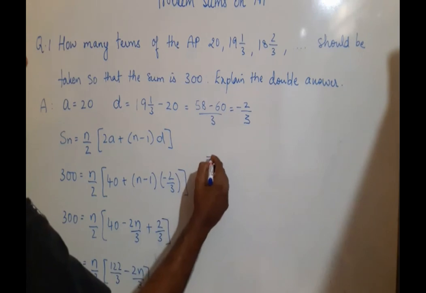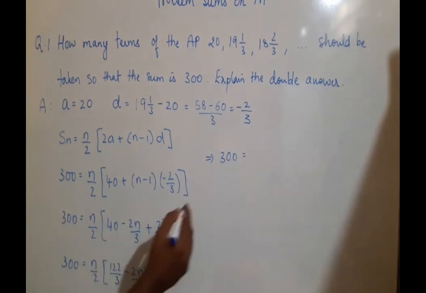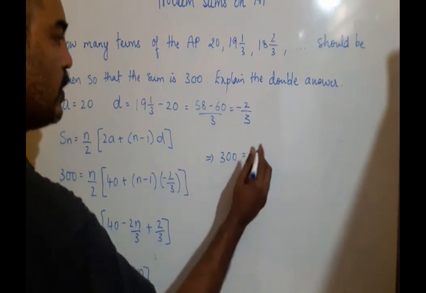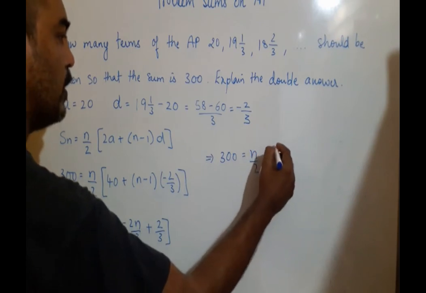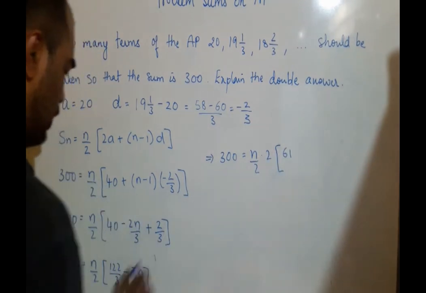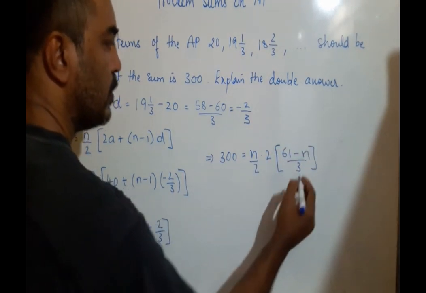So 300 equal to n upon 2, taking out 2 common, (61 minus n) upon 3.